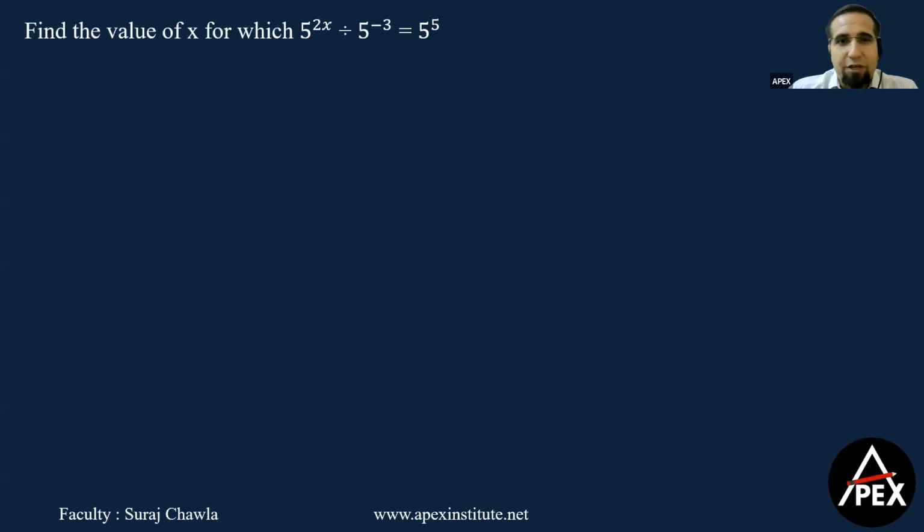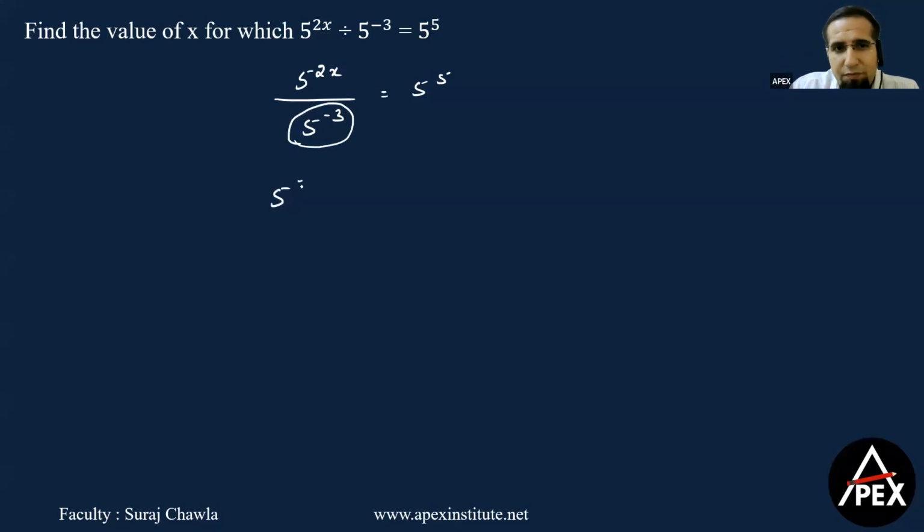Right, guys, let's look at one more question here. So 5 to the power 2x divided by 5 to the power minus 3 is equal to 5 to the power 5. Now, if the power is negative, to make the power positive, I need to flip the fraction.